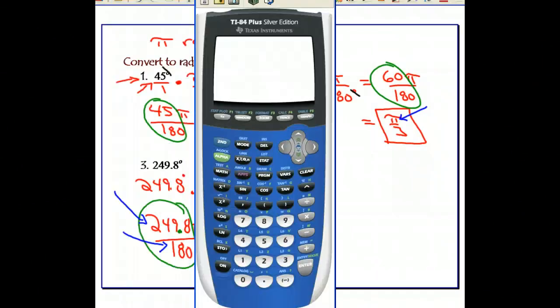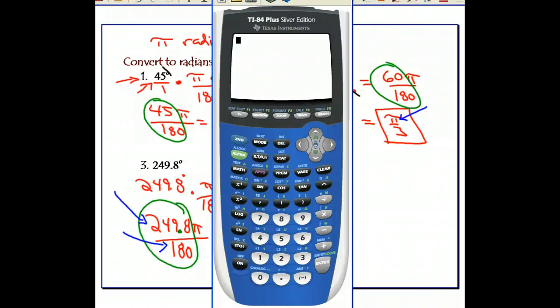Oops, and I covered up the problem. So let's go 249.8 times pi, divided by 180. And I get this answer, 4.359, we'll just round it, 4.36 radians.